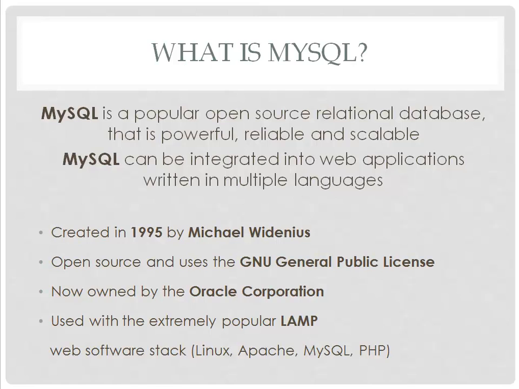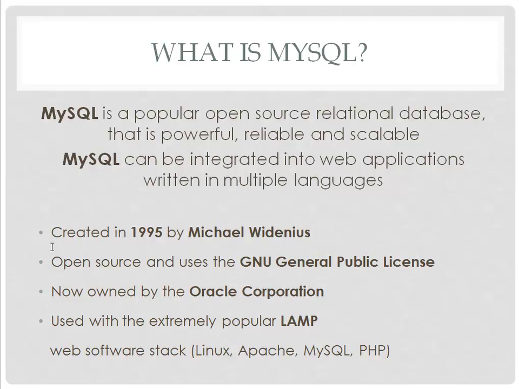MySQL can also be integrated into web applications written in multiple languages. I would say the most popular being PHP, but you can also integrate Ruby on Rails with Ruby, or Perl. There's just a whole bunch of different languages you can use with MySQL.